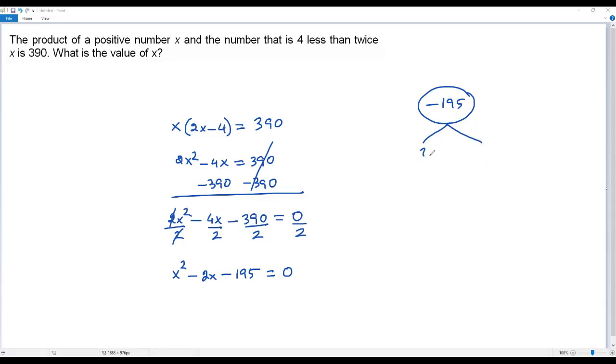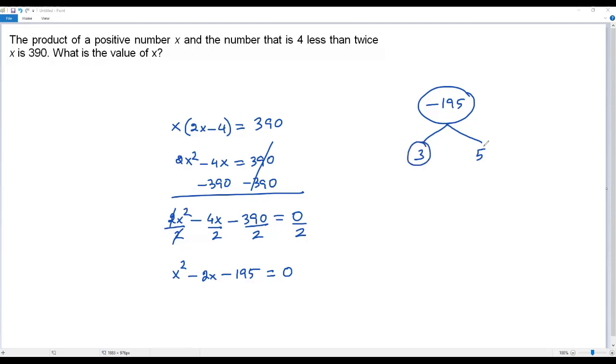I think 1 and 5 we can try, but the difference between 1 and 5 will not be 2, it will be 4. So I think 3 and 5 will work. When I multiply 3 and 5, I am getting 15, so the digit in the ones place is 5, which is exactly what we have here. And the difference between 3 and 5 is 2.